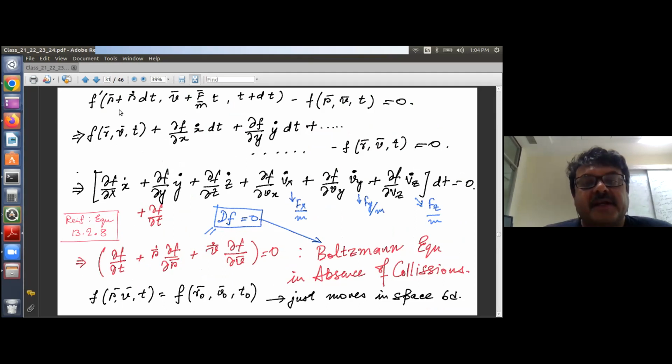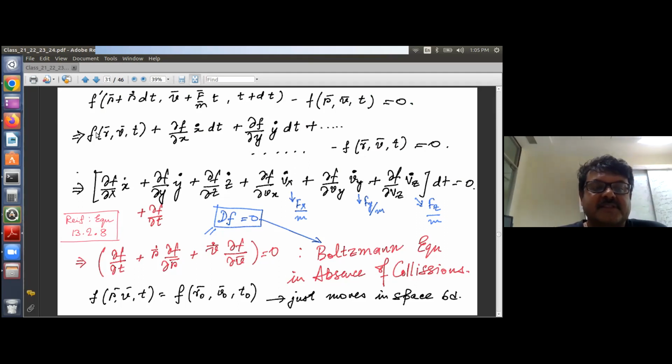What you could write is f dash minus f is equal to 0, because this is unchanged. Then write f in terms of r and v: del f del x, x dot dt, plus del f del y, y dot dt, plus other terms corresponding to v and so on, minus this term equal to 0.